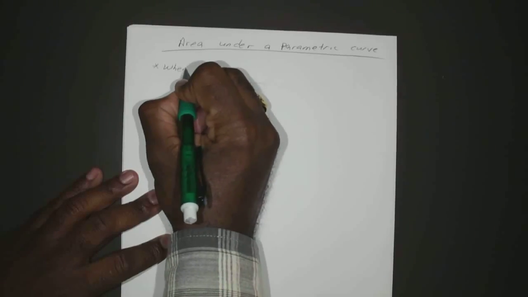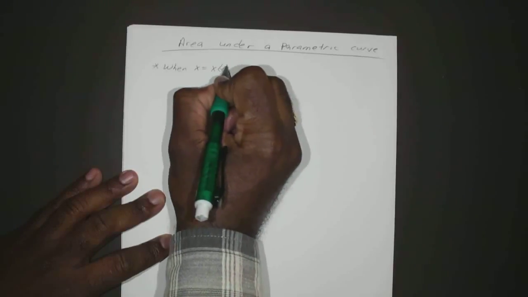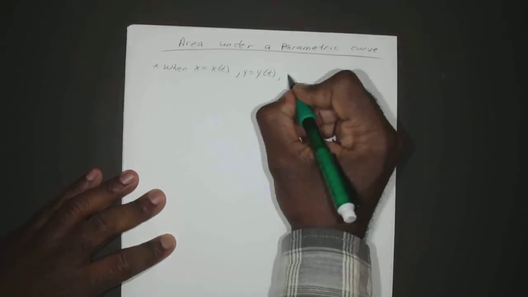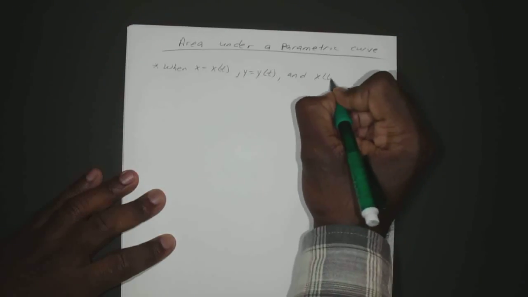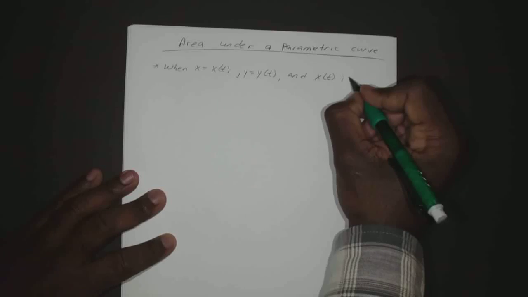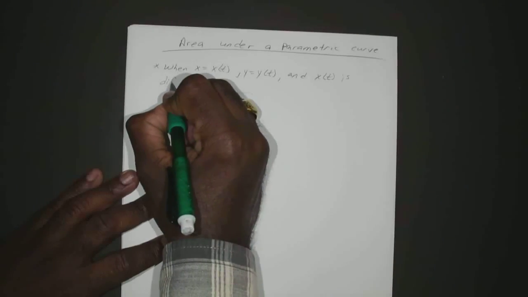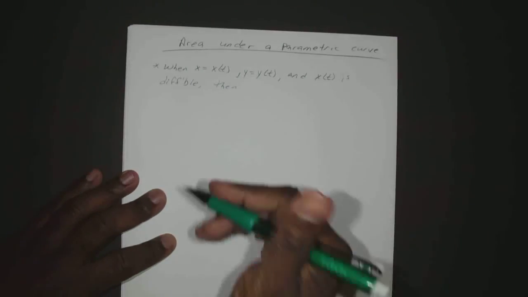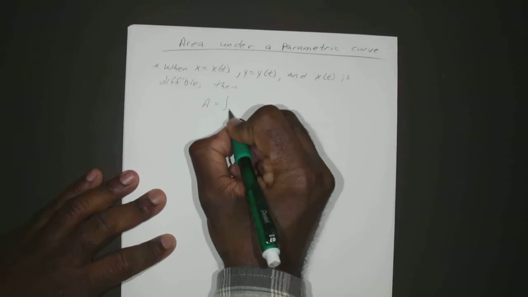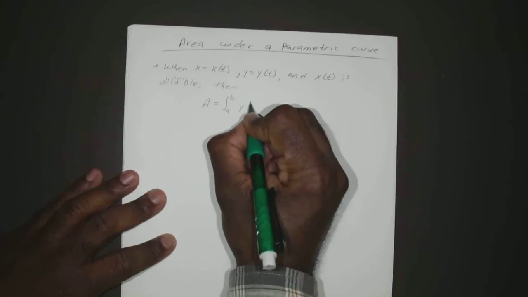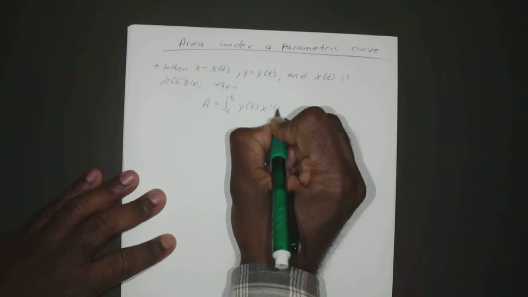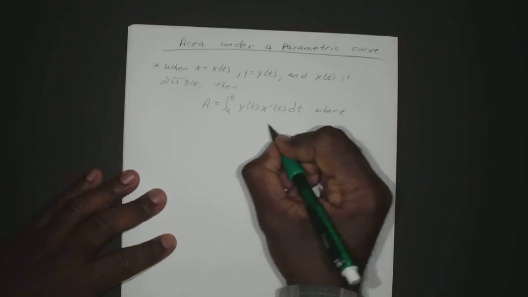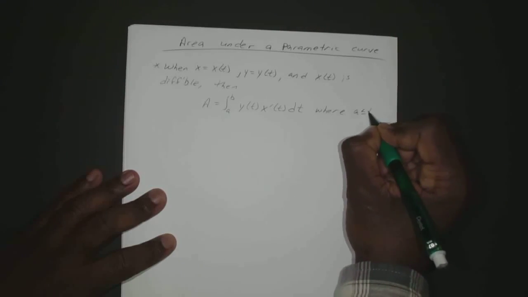When x is a function of t, y is a function of t, and x of t is differentiable, meaning the derivative actually exists, then the area is equal to the integral from a to b of y of t times x prime of t with respect to t, where t is between a and b.